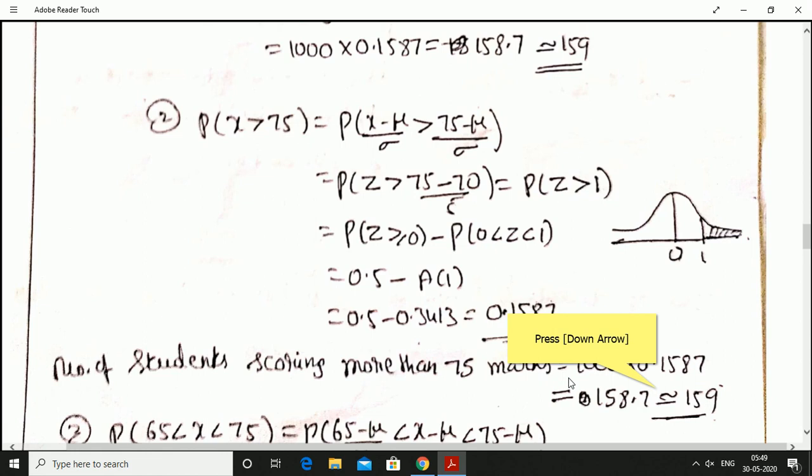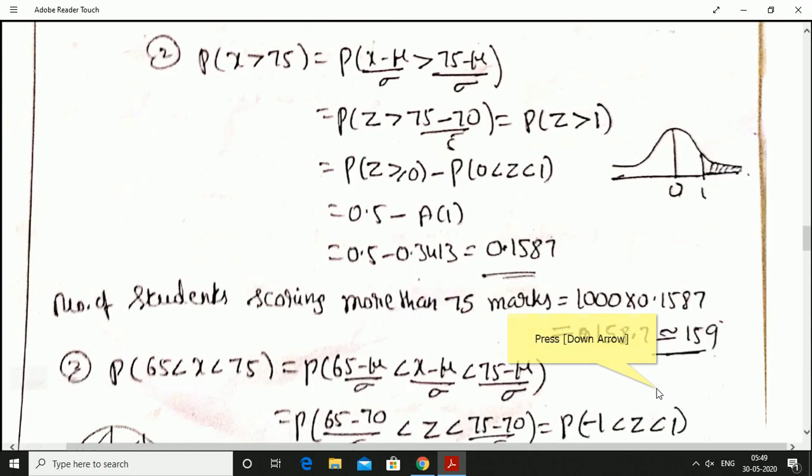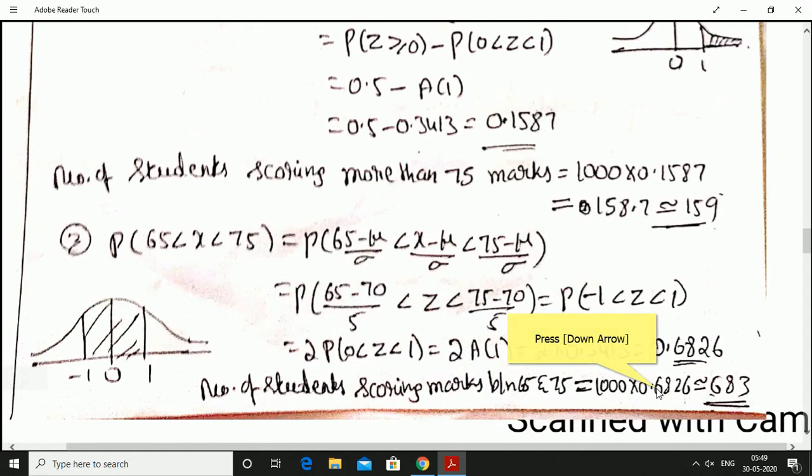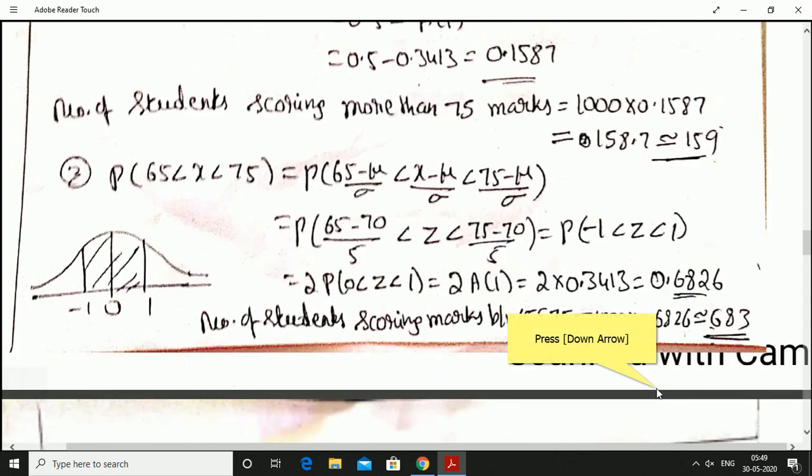Area from 0 to 1 is A of 1, area from 0 to infinity is 0.5. A of 1 value is 0.3413. 0.5 minus 0.3413 is 0.1587. So the number of students scoring more than 75 marks is equal to 1000 into 0.1587, approximately 159.